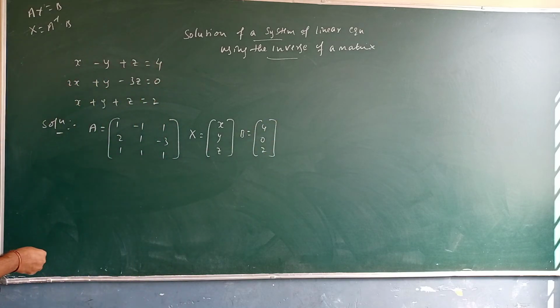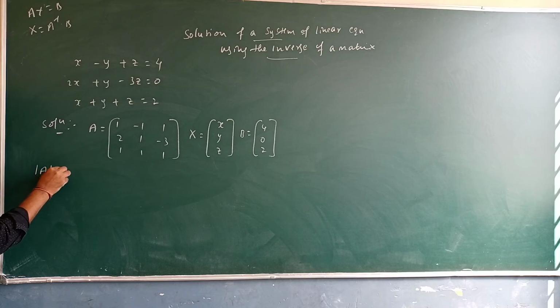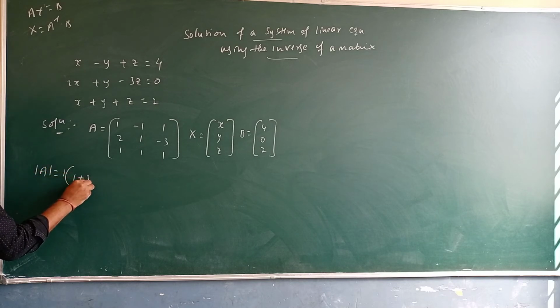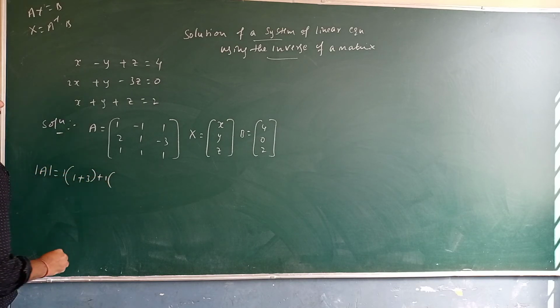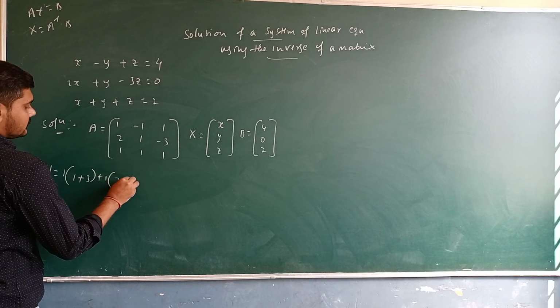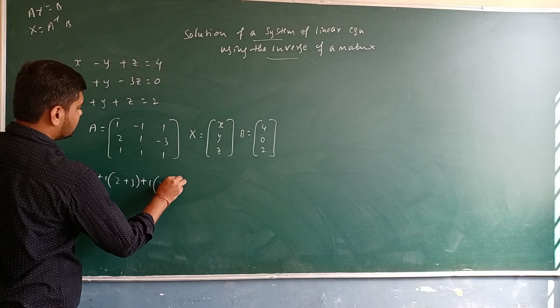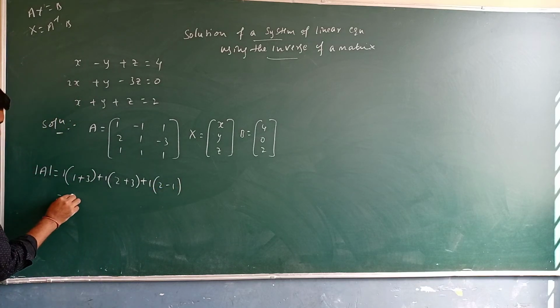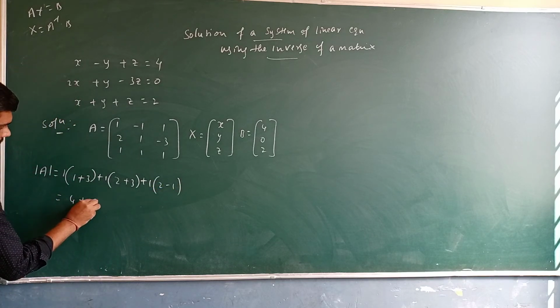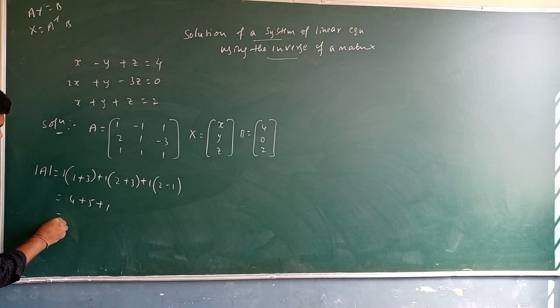So to find the determinant of A is equal to 1 into 1 plus 3, plus 1 into 2 minus 2 plus 3, so plus 1 into 2 minus 1, that's going to be 4 plus 5 plus 1, that's going to be 10. Determinant of A is equal to 10.